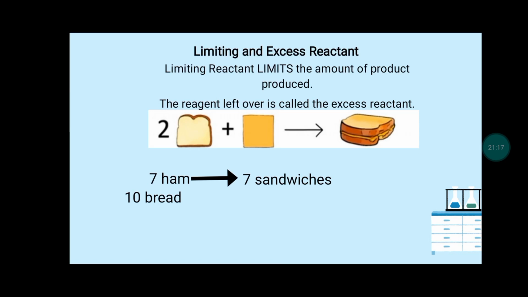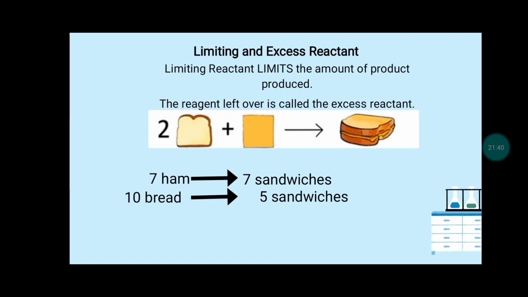So, ibig sabihin, we can only make 5 because we need 2 per sandwich. So, even though there are more bread than ham, it is the bread that is the limiting reactant in this example. The bread will be used fully and leave ham in excess.